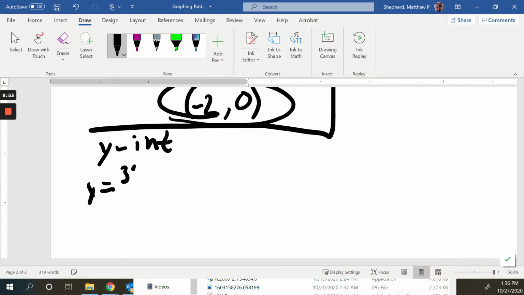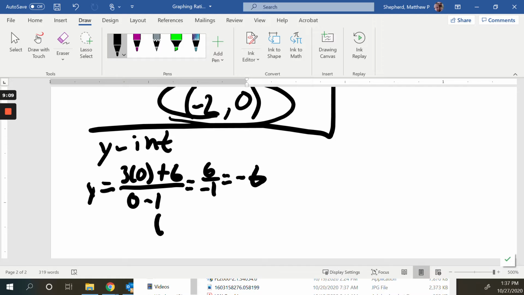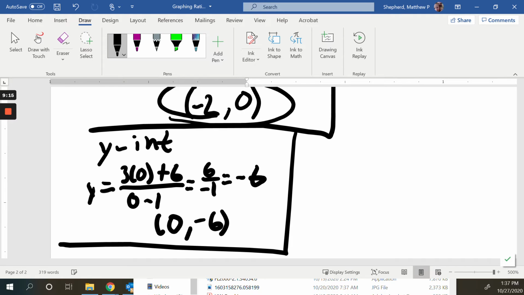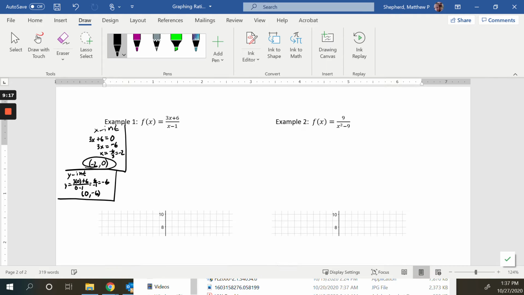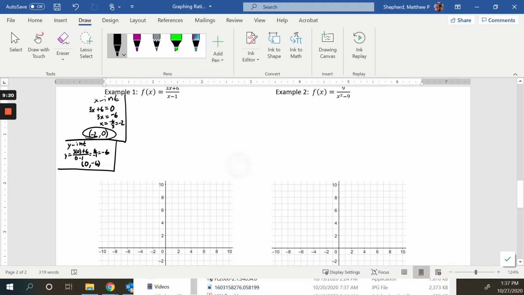So that would be 3 times a 0 plus 6 all over 0 minus 1, which gives us 6 over negative 1, negative 6. So when x is a 0, y equals negative 6. And there is our y-intercept for that problem.